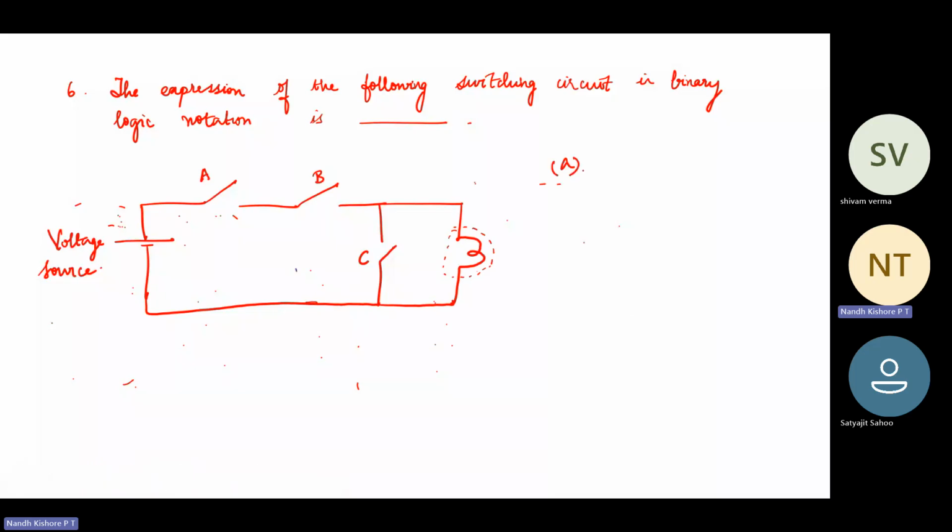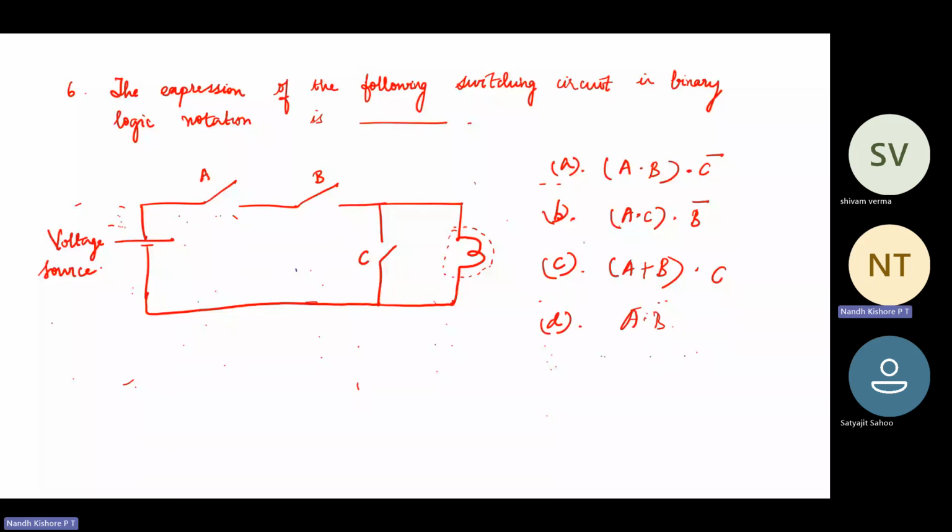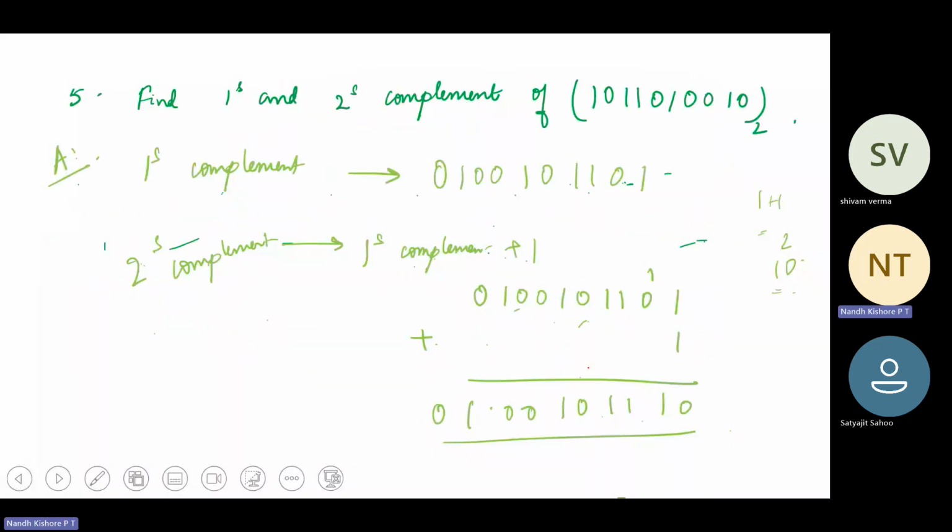There are some options: A into B into C bar, A into C into B bar, A plus B into C, and D, A into B into C. How do we solve this question?